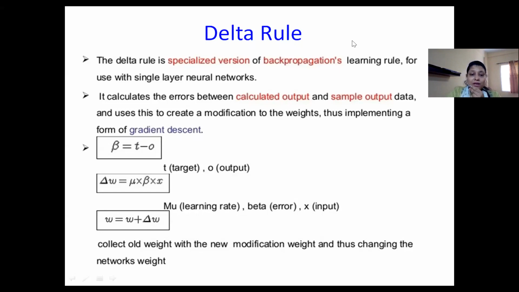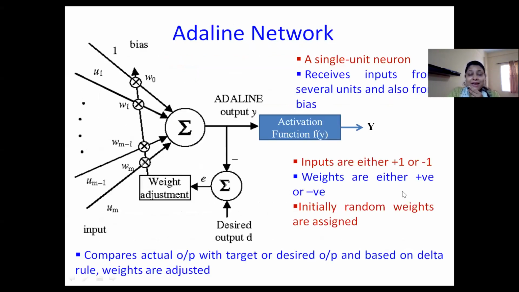Now obviously we know that this particular delta rule is going to be used in case of the Adaline network. So what is that? Now you can see that this is what the Adaline network is all about. In this Adaline network, we have one summation, because we have more than one input for this particular network.